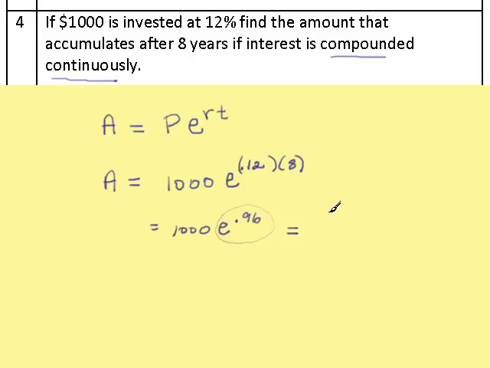And I have 2.611. All right, so multiply by 1,000 and we have $2,611. So that should be a little bit more than the amount in the previous example, because we're compounding continuously, and before we were only compounding 4 times a year.